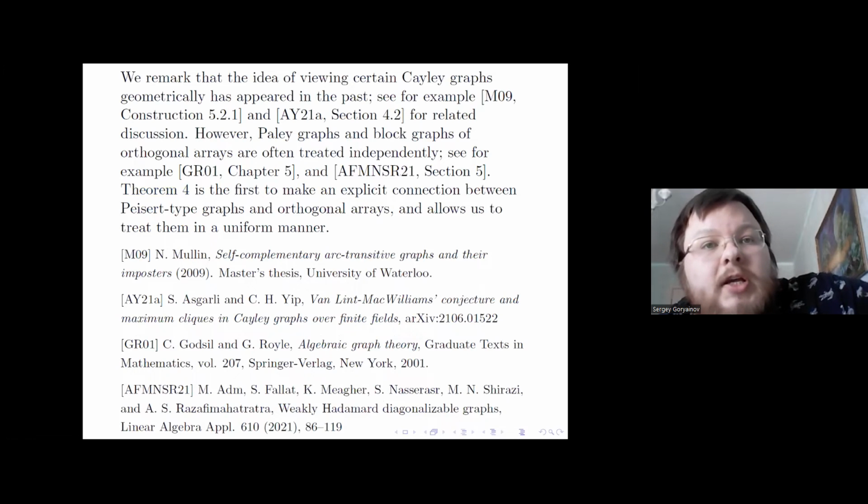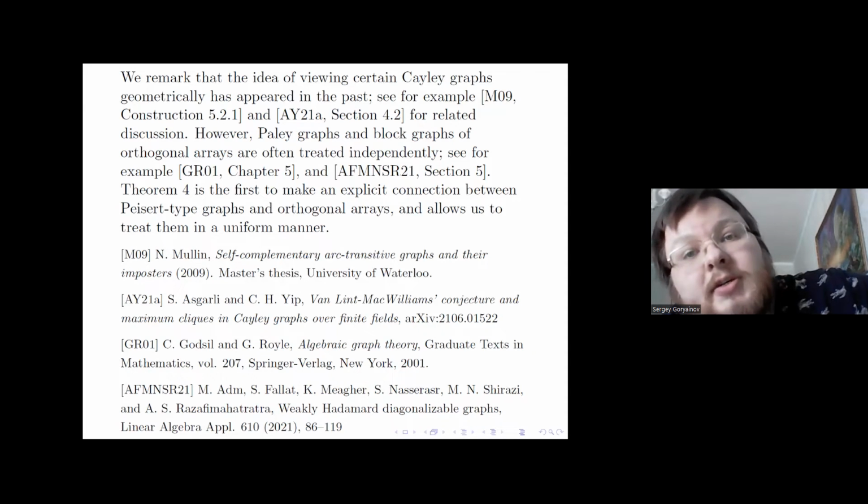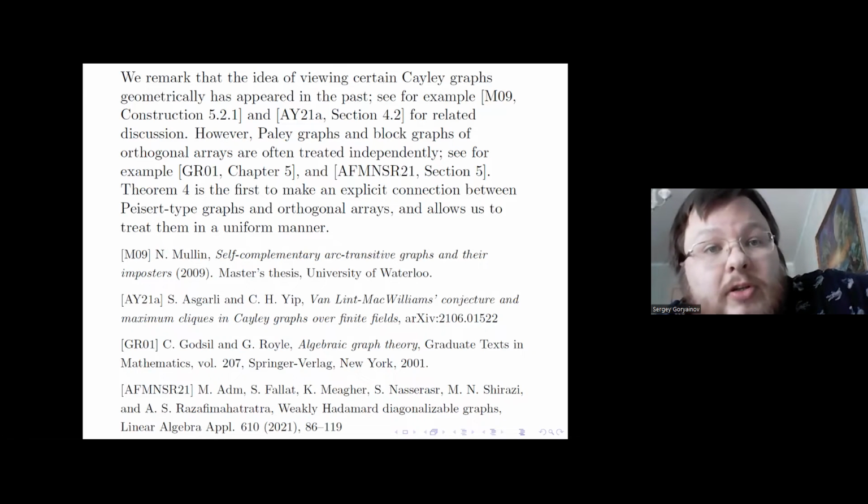We remark that the idea of viewing certain Cayley graphs geometrically has appeared in the past. See, for example, the master thesis by Nathalie Moulin and a recent preprint by Shamil and Chikhoy for related discussion. However, Paley graphs and block graphs of orthogonal arrays are often treated independently.